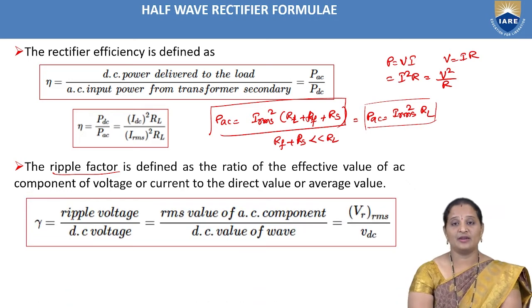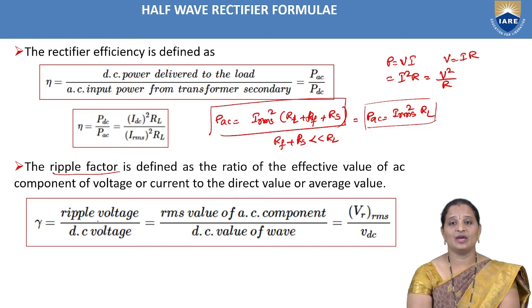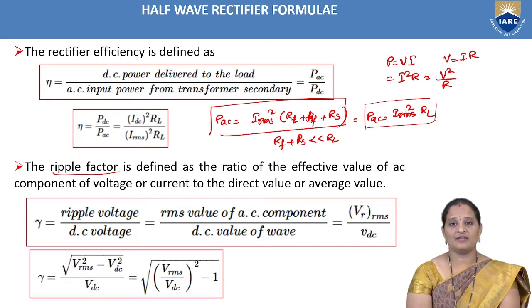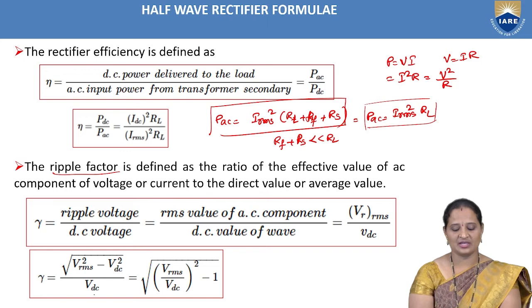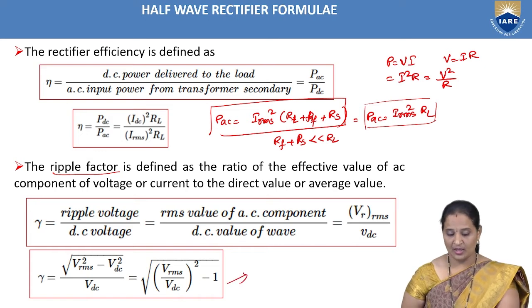That is, the ratio of the RMS value of the AC components, or ripple voltage, to the average value, given by VrRMS divided by VDC. The formula for ripple factor is the square root of (VRMS by VDC) whole square minus 1. This is the final formula.